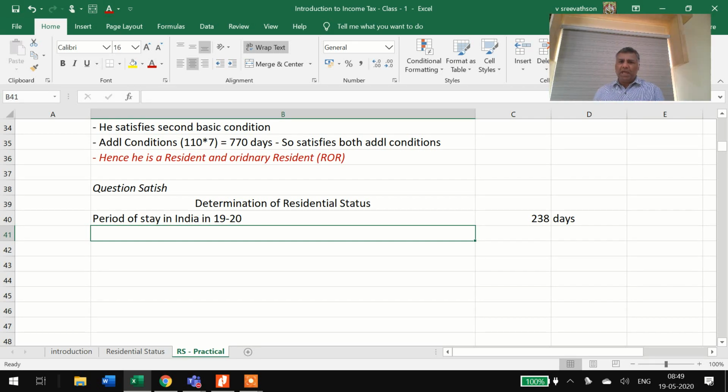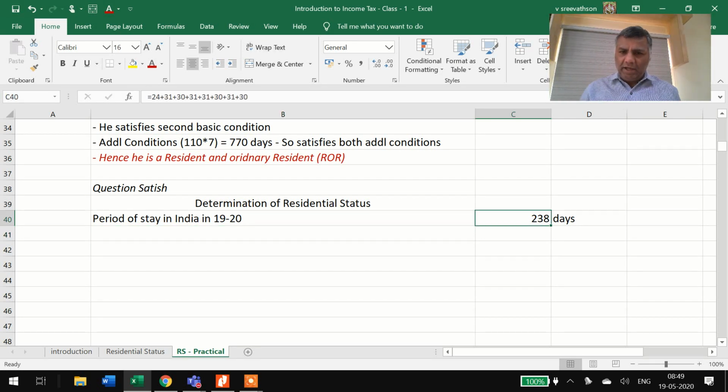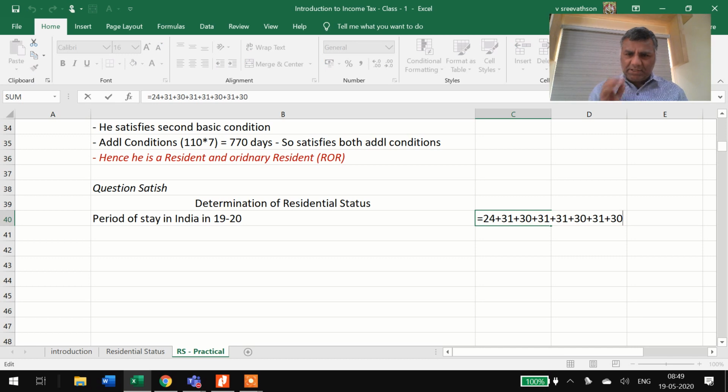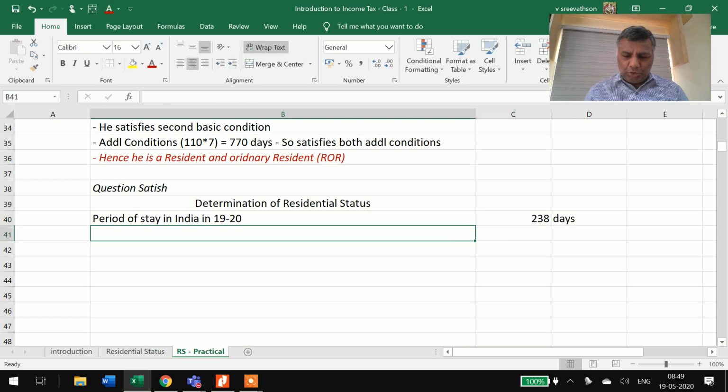Period of stay in 1920, repeating: April 24, May 31, June 30, July 31, August 31, September 30, October 31, and November 30. So totally 238 days in 1920.